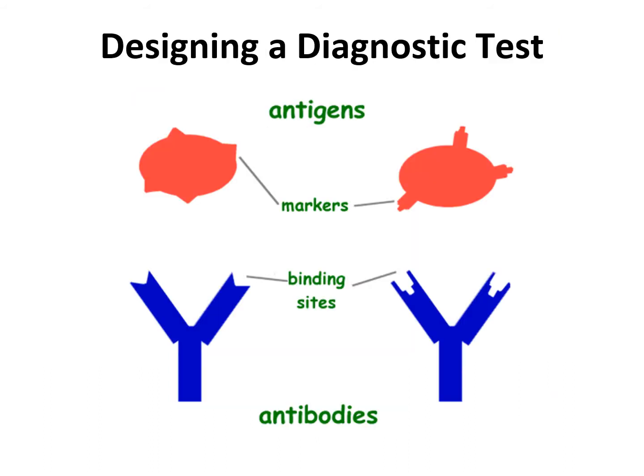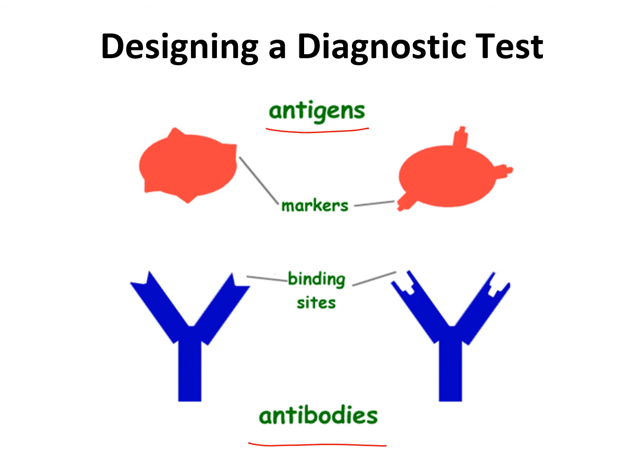When designing a diagnostic test, you have to keep in mind what you are trying to identify. So in terms of an infectious disease, you are either trying to identify presence of the antigen or presence of the antibody. So in designing a test, you have to figure out which one you want to identify.